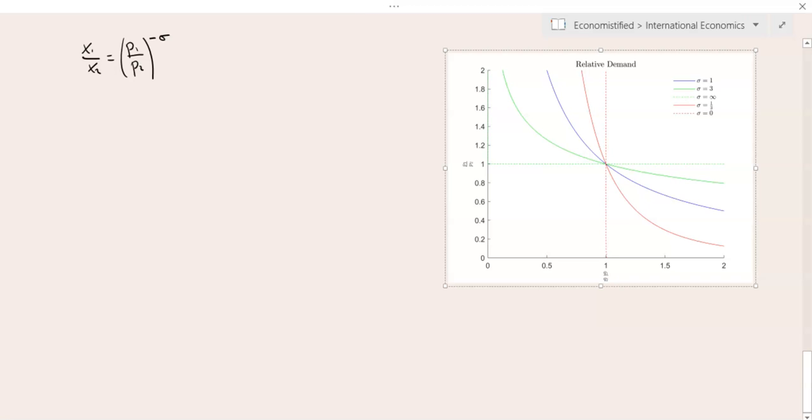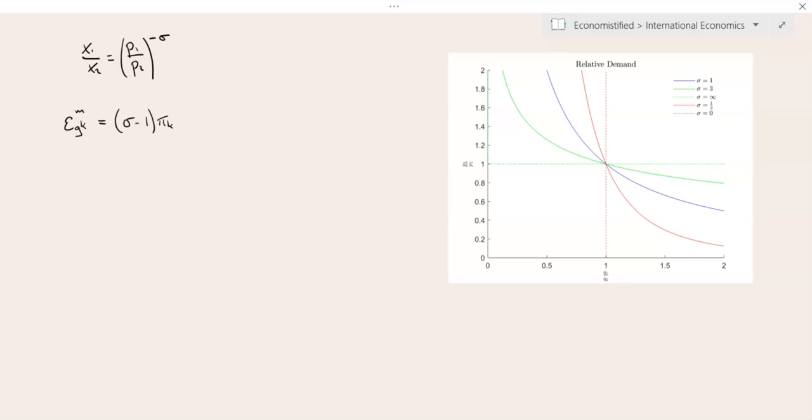We can think about this in terms of elasticities as well. If you recall the cross-price elasticity that we derived in the previous video, the cross-price elasticity of Marshallian demand for good G when the price of good K varies was given by this: sigma minus 1 times the budget share spent on good K. So clearly, when sigma is less than 1, this is going to be negative.